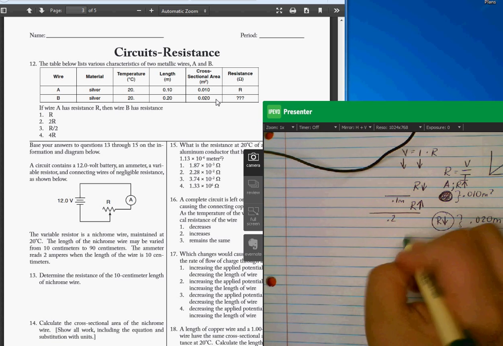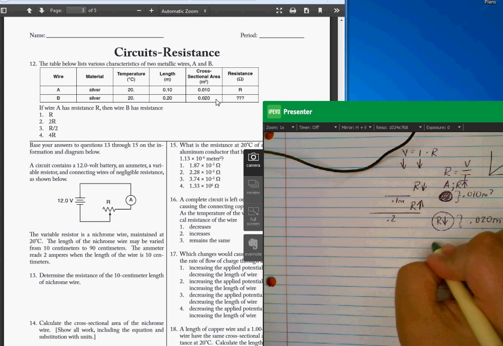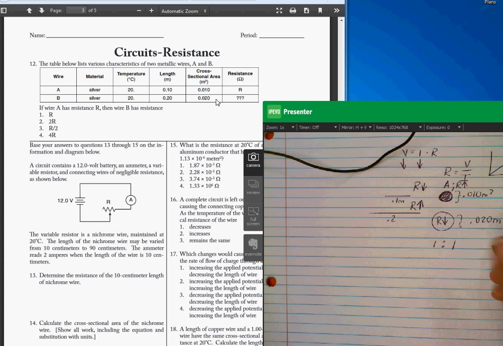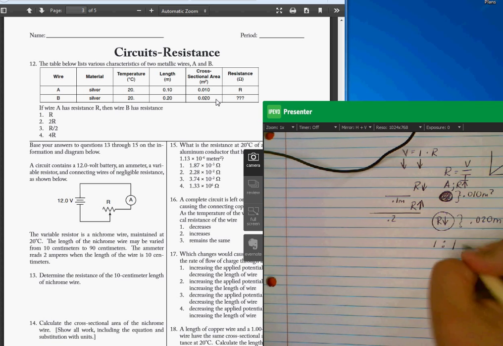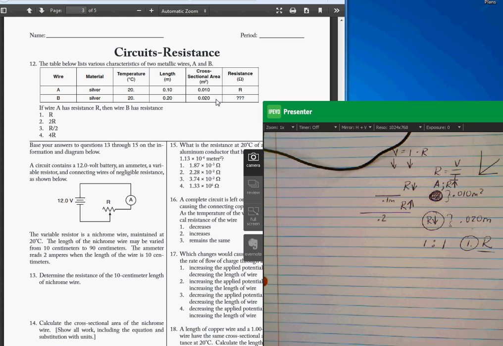Because this is an increase by exactly double, from 0.01 to 0.02, the ratio is 1 to 1 for each of these, which means the resistance for this is going to be exactly the same. It's going to be R as well. So our answer for that should be 1, which means it's just R. There's no increase, you're not multiplying, it's not doubled, it's just going to stay the same.